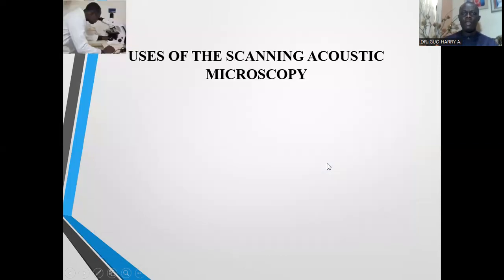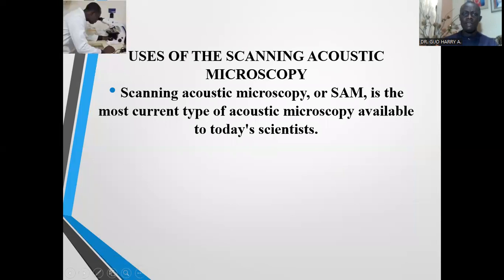What are the uses of scanning acoustic microscopy? Scanning acoustic microscopy, or SAM, is the most current type of acoustic microscopy available to today's scientists.